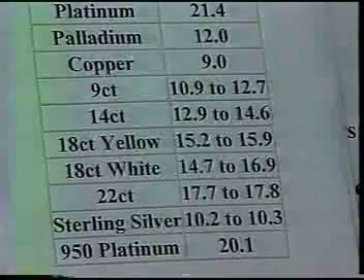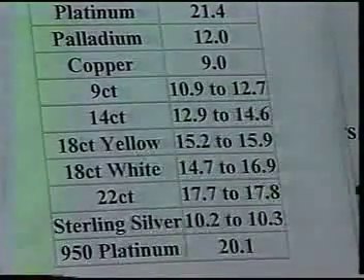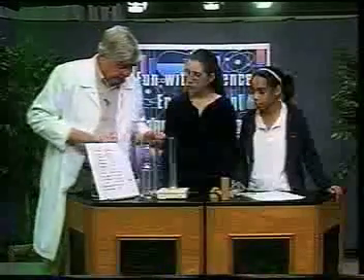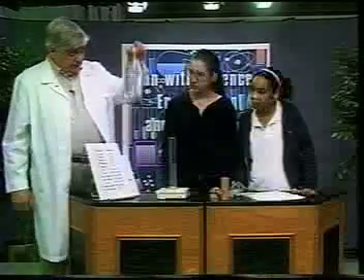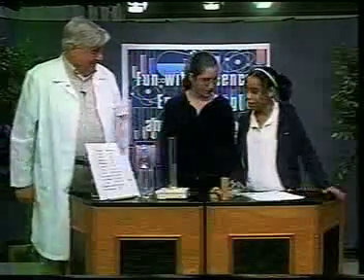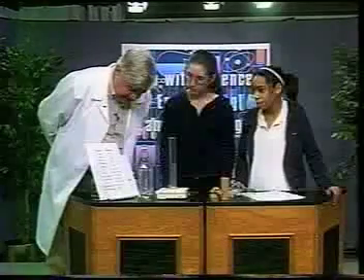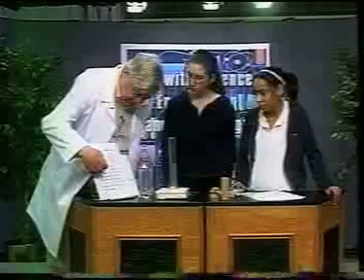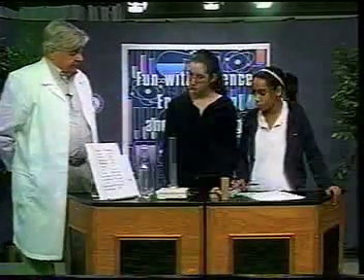If it were more gold, if it were solid gold, the density would be up around 19.3. What about the chain, which is down here in the bottle? It was 10? All right, so it's a little bit better. It's probably about a 9 karat gold. So it's about 10.